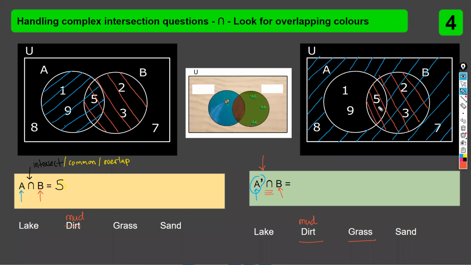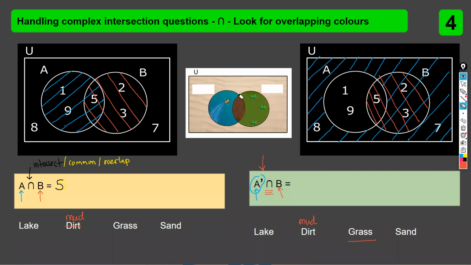No, they don't have any blue. The mud has no blue. The mud only has red. Somebody else got it wrong. The mud region only has red. The only region that has both colors is the grass.